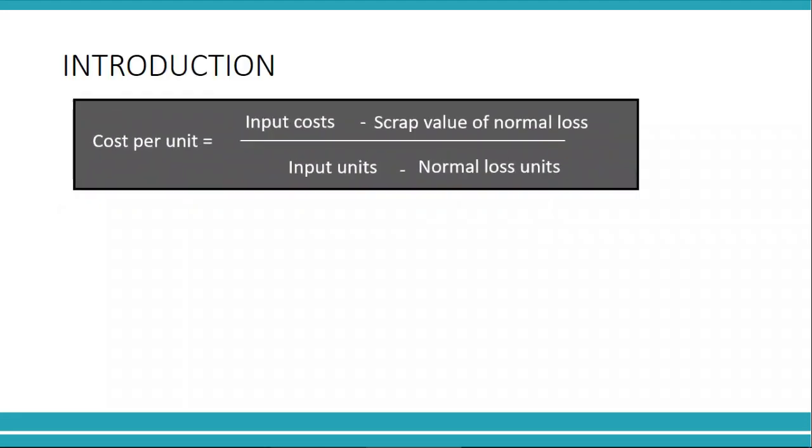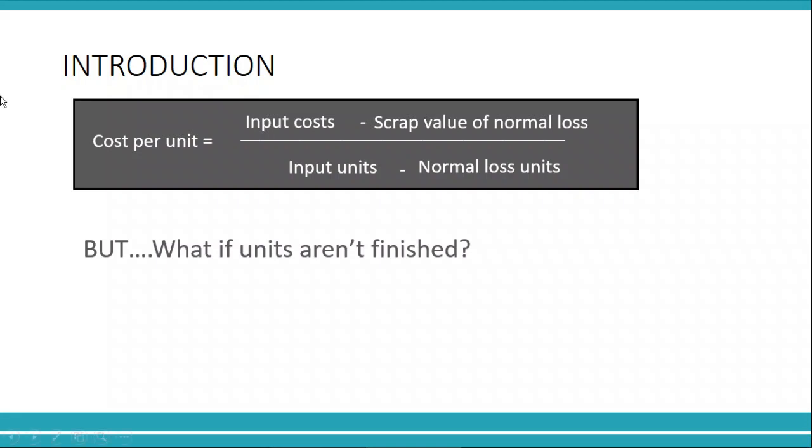So let's see it with another example. If you remember, we have got the same formula. Cost per unit is input cost minus scrap value of normal loss divided by input units minus normal loss units. But what if units are not finished? Here we assumed that all of the units were finished. We got good output. But now we will say that some units are good output and some units are incomplete units.